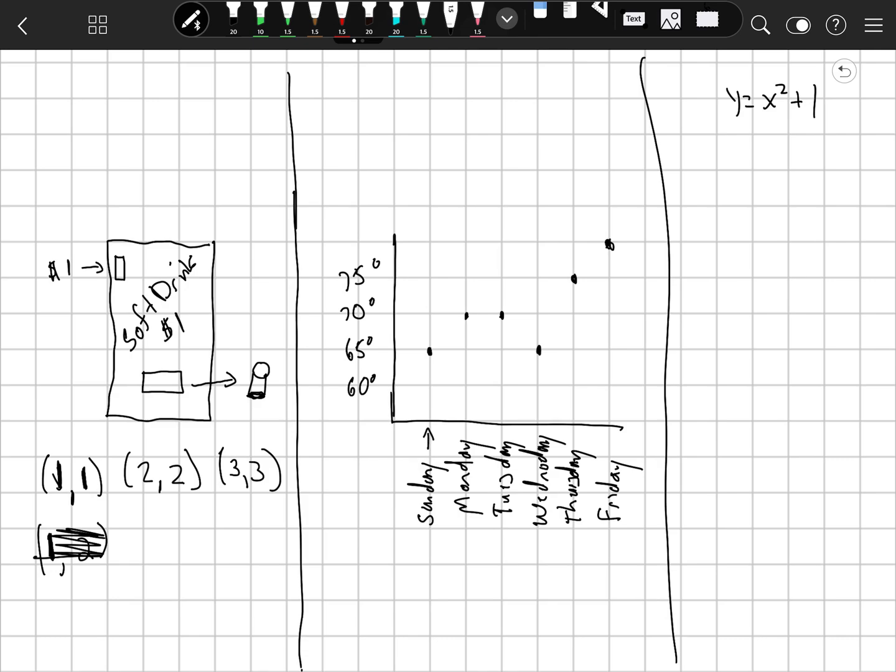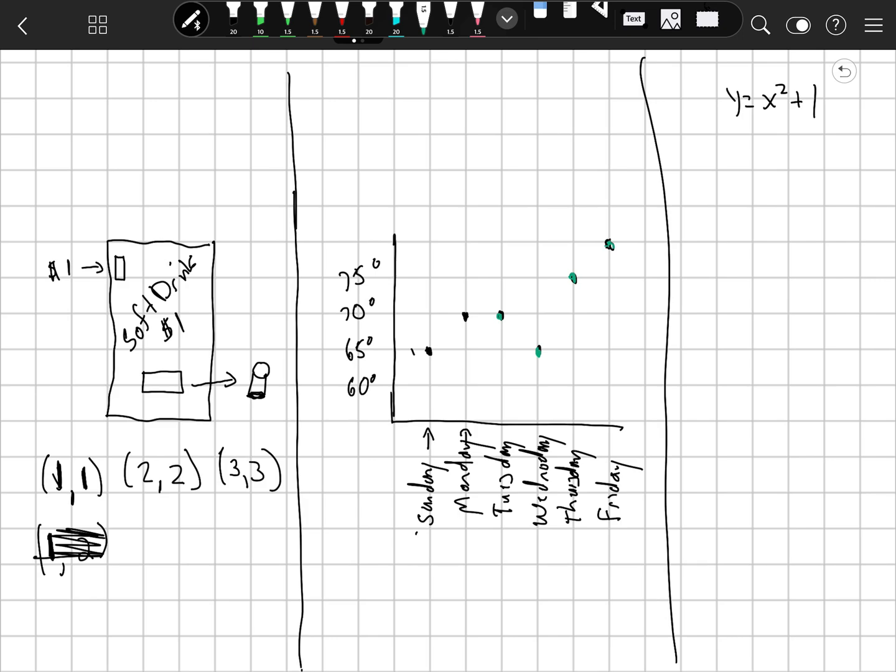It is 65 degrees. If we had two high temperatures, it would be difficult to determine which high temperature to choose. So the input is Sunday, and the output is a high temperature of 65. The input is Monday, and you have one high temperature of 70. Tuesday, you have one high temperature of 70. Wednesday, you have a high temperature of 65. Thursday, 75, and Friday, 80.